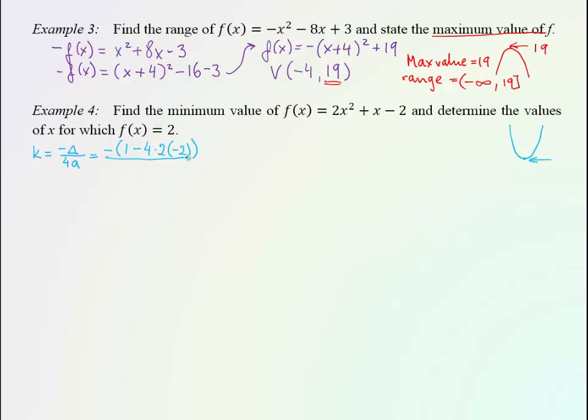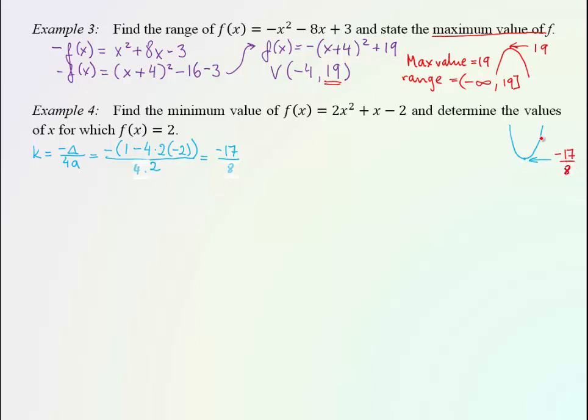Everything over 4a. So it's 4 times 2. And when we simplify this, inside the bracket we can see that it's 1 plus 16, so it's 17. With a minus, it will be -17 over 8. So this is the second coordinate of the vertex, -17 over 8.